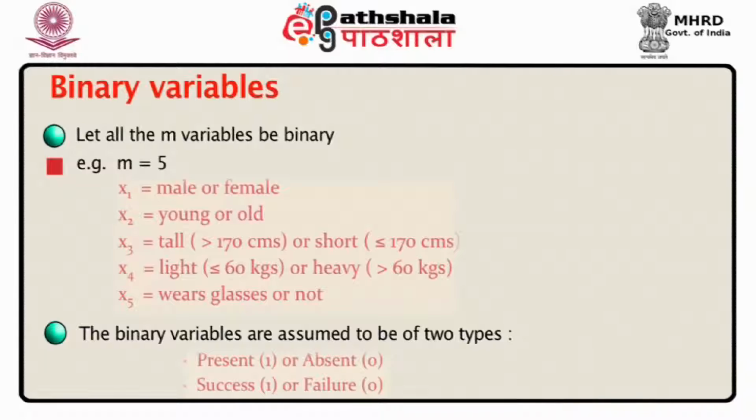Of course, success doesn't mean exactly the English term, so we just call one of the categories success and the other category failure. So young may be success, old may be failure, or vice versa. Similarly, male and female, we can categorize them as 1 or 0. So in this case, of course, it's not like presence or absence. It's more of one of this characteristic or the other of the characteristic.